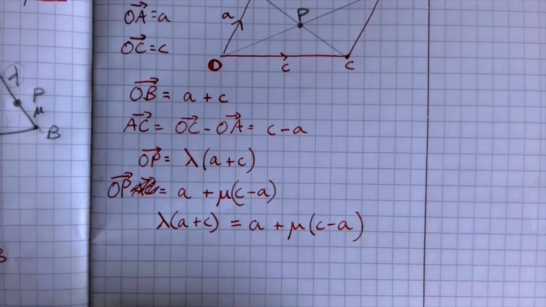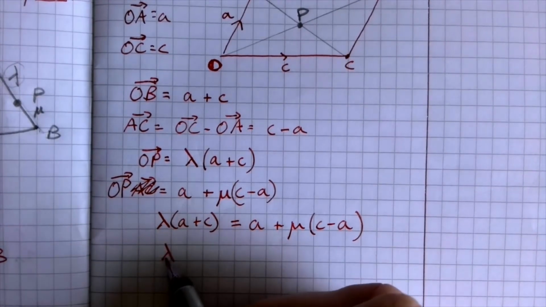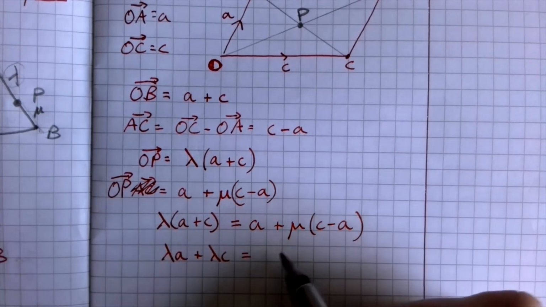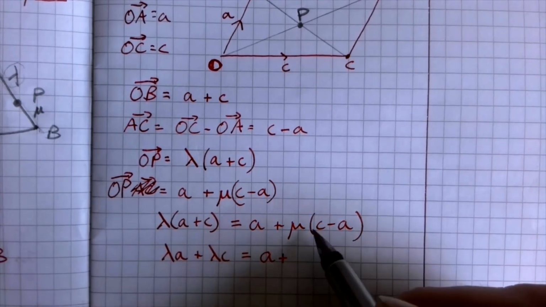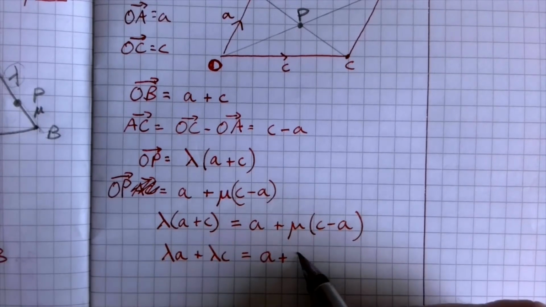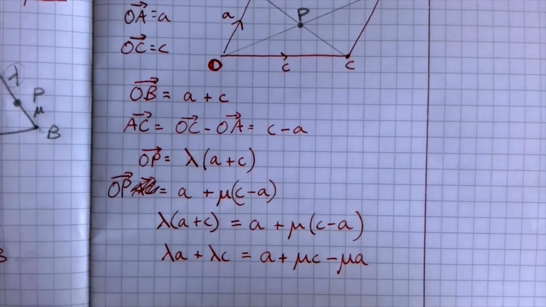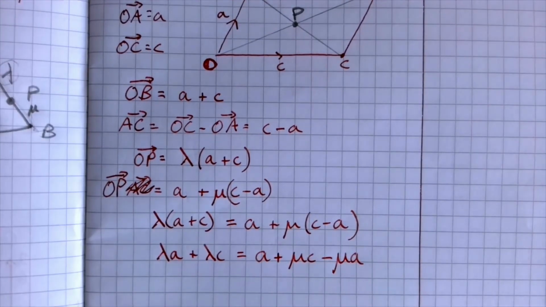Well, we can expand these brackets to give us lambda a plus lambda c is equal to a plus mu c minus mu a. And how are we going to solve this?